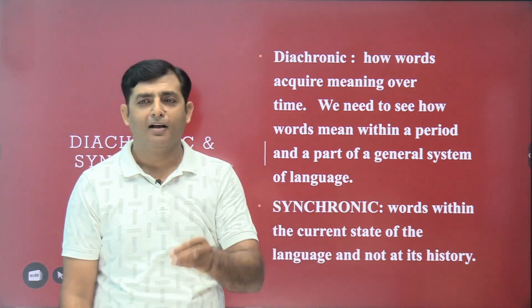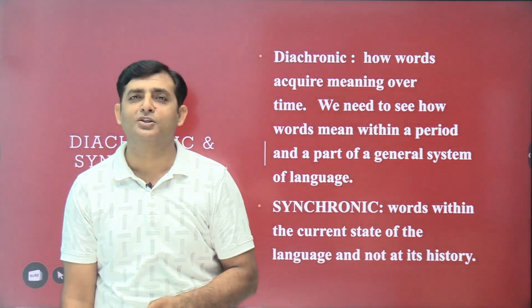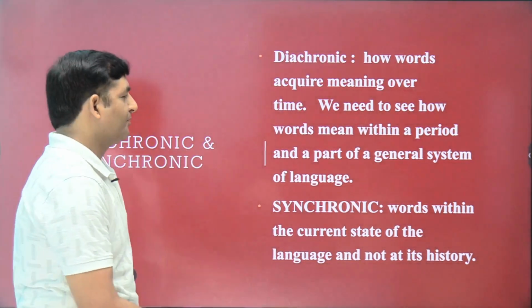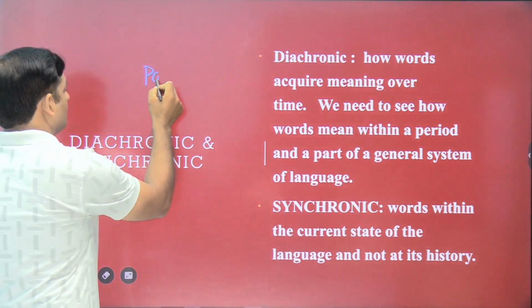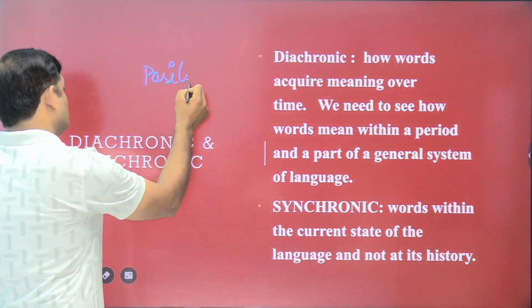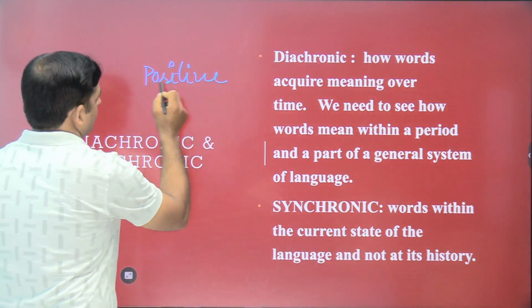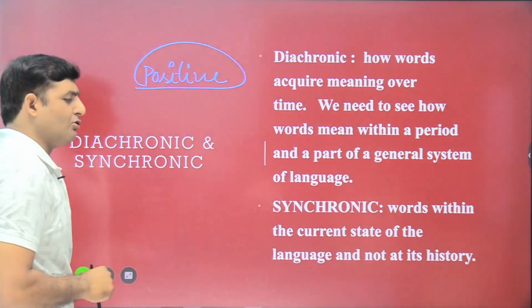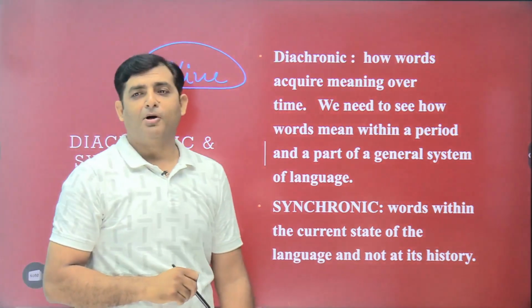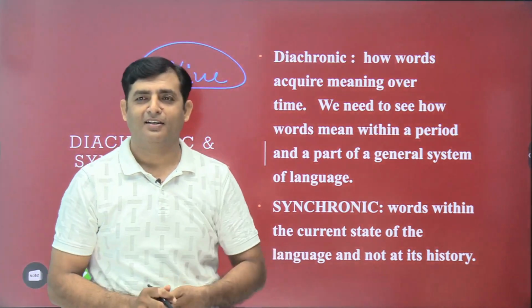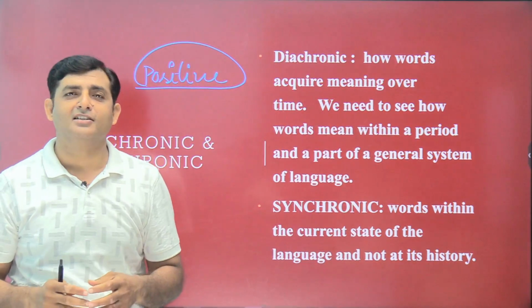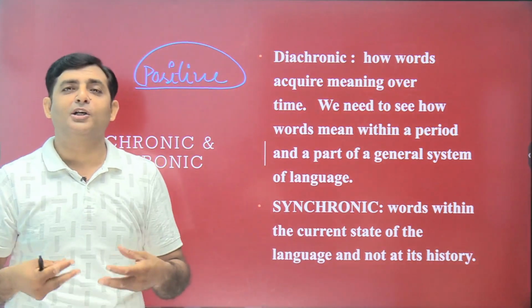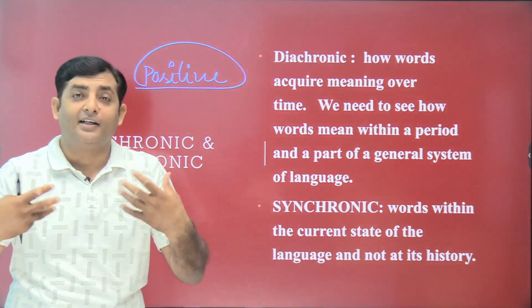For example, a real example I am going to give you: positive. What do you mean by positive? Positive means assertive, confident, plus, a very positive thing. Everyone says you should be positive, don't be hopeless, you have a bright career ahead.